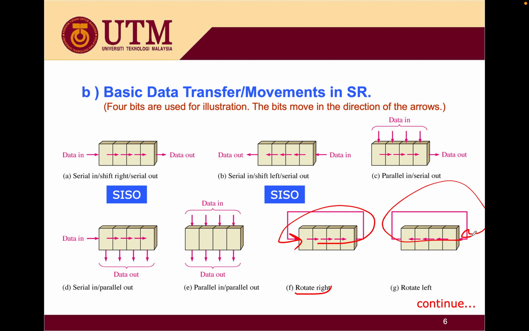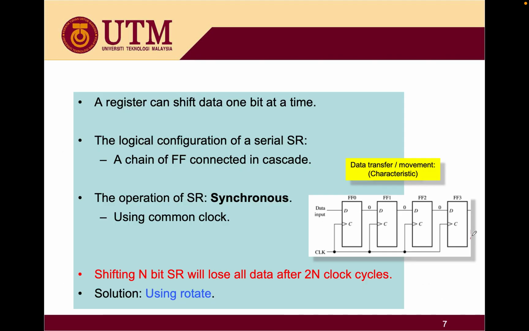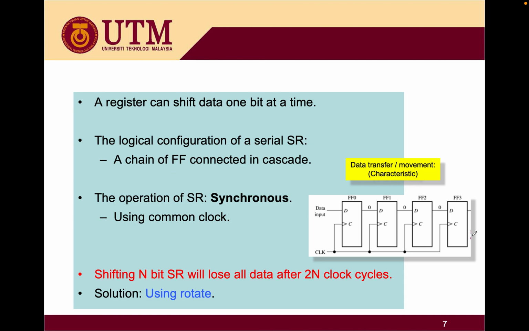So for shift registers, we have SISO, PISO, SIPO, and lastly PIPO. That is all the basic shift registers that we can have. Now this is an example from the view of data transfer.